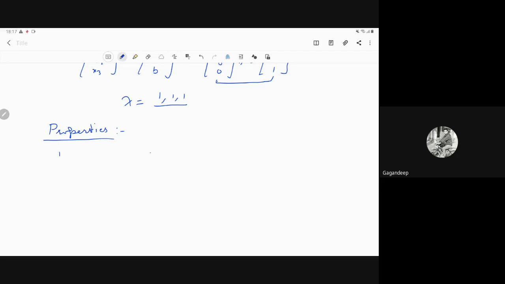First property: the sum of eigenvalues is equal to the trace of A. Do you understand the meaning of trace? Trace of A means the sum of diagonal elements of A.